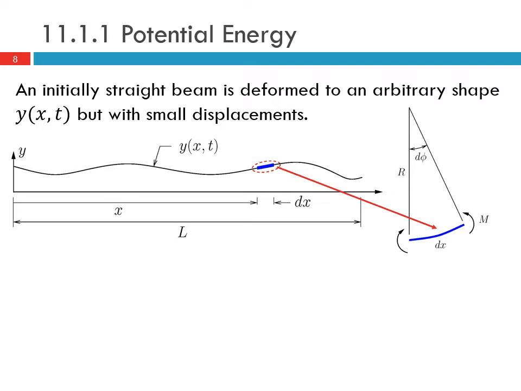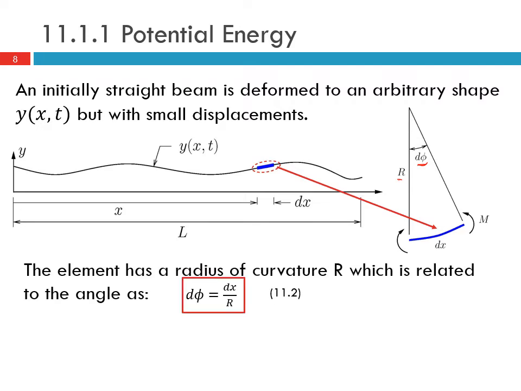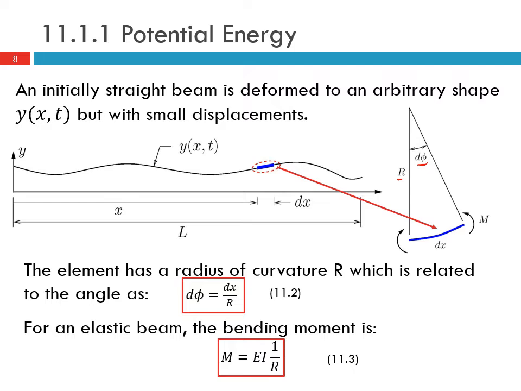The bending is described by this angle d phi, and we've got this radius of curvature r. So the element has a radius of curvature r, which is related to the angle as d phi is equal to dx over r. And for an elastic beam, the bending moment is equal to EI times 1 over r.